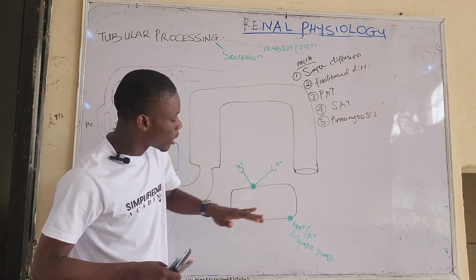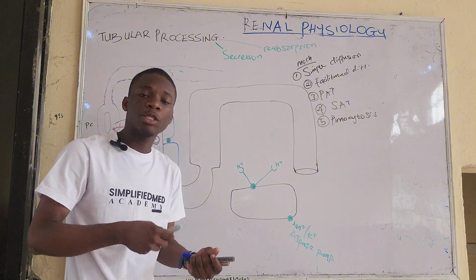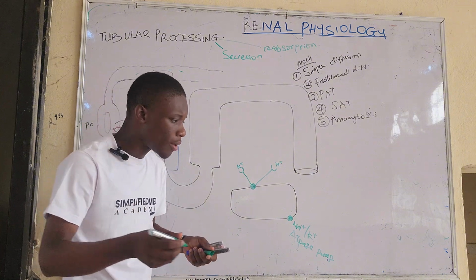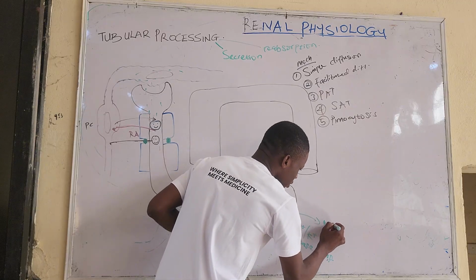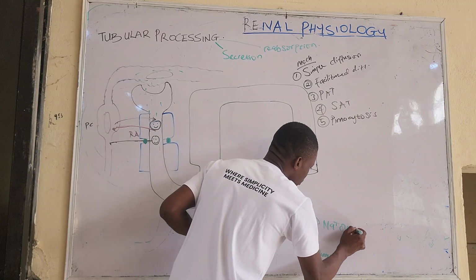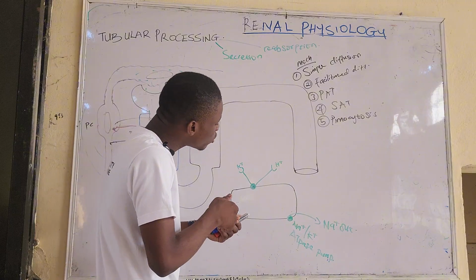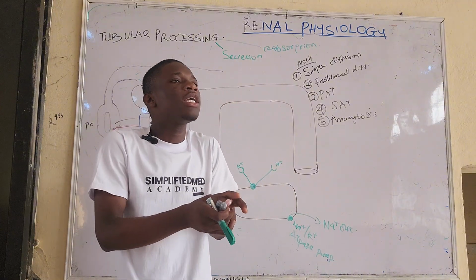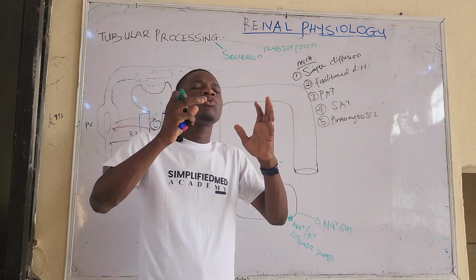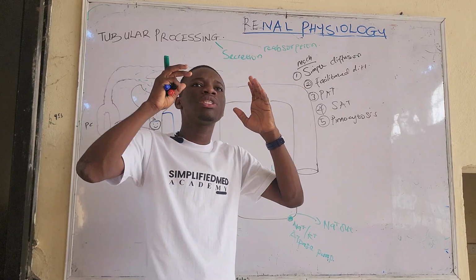Now, this sodium potassium ATPase pump, what is it going to be doing? It is pumping sodium out, right? Just follow me. It is pumping sodium outside of this cell. As it is pumping sodium to leave this cell, what I'm trying to show you is that in primary active transport, you are transporting a substance based on the energy directly.